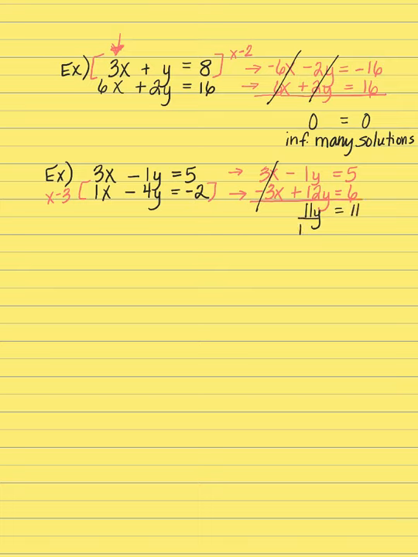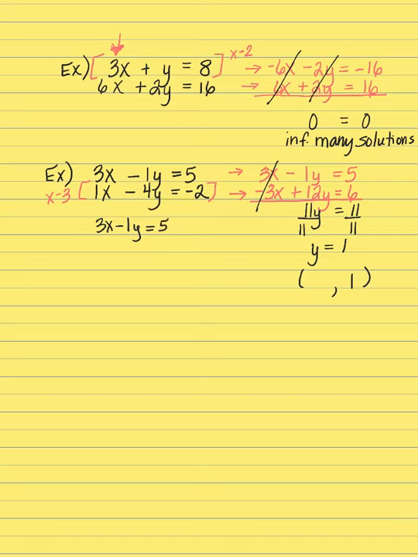So to solve, you would divide both sides by 11, and I would get y equals 1. So there's the first part of my answer. The y is 1. Okay, the second part of my answer, I need to take y equals 1 and plug that back into my top or my bottom equation. I'm going to use the top equation: 3x minus 1y equals 5.